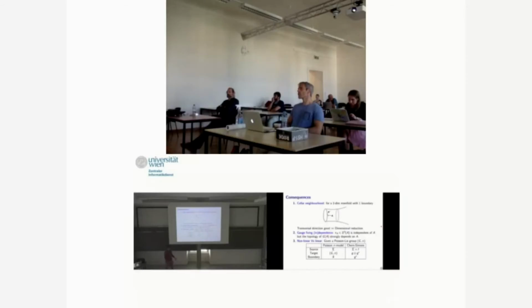I can pay the price of increasing the dimension of the source by 1 and putting boundaries in the game in order to study something that is much simpler, that is just Chern-Simons on the algebra that is the Drinfeld double of my Poisson Lie group. For Chern-Simons we know a lot of things, but the Poisson sigma model of this Poisson Lie group may be rather complicated to study.